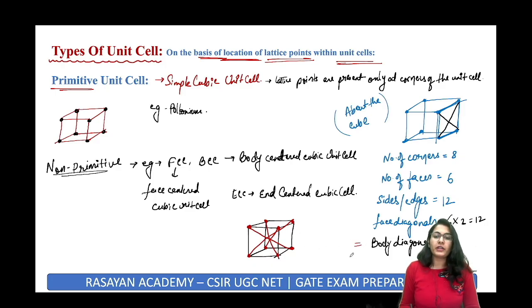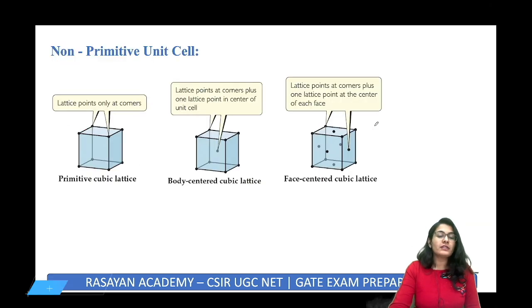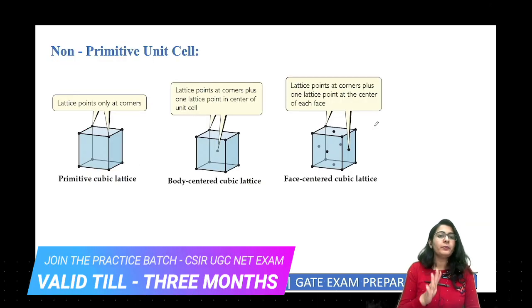So how many body diagonals are present? 4 body diagonals are present in a simple cube. So these are some of the points about the cube. Now we are going to be needing this. That's why I discussed.